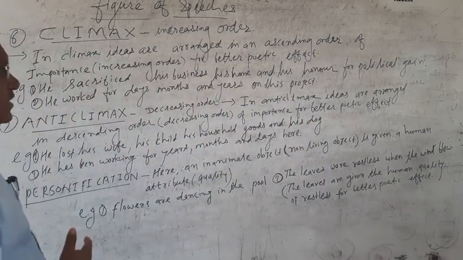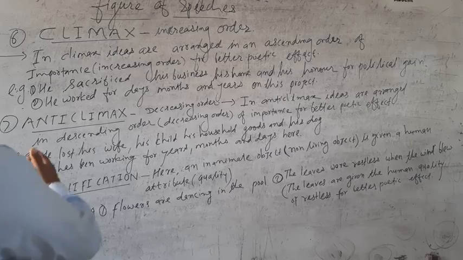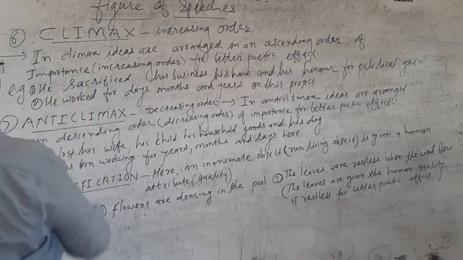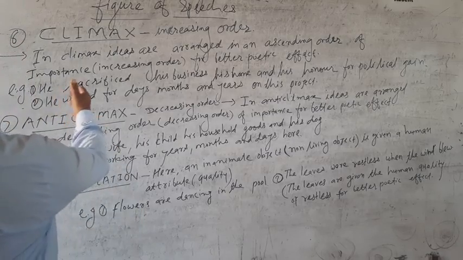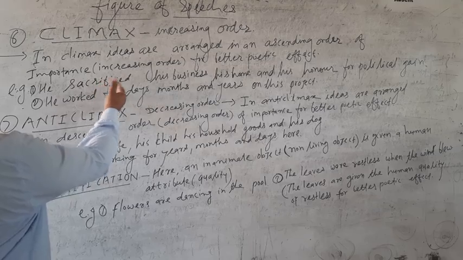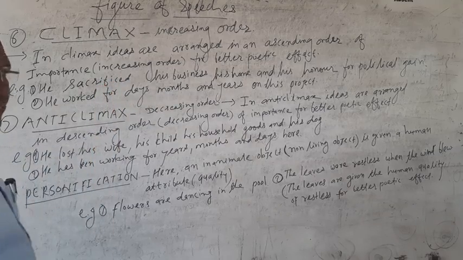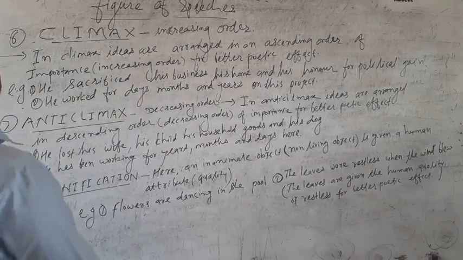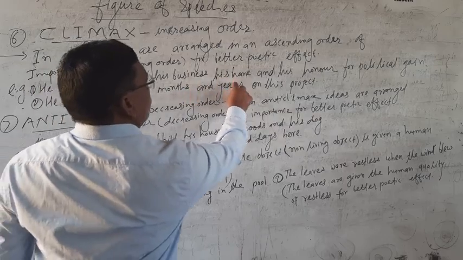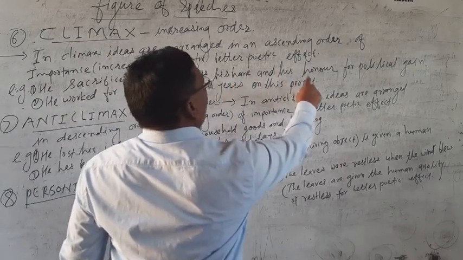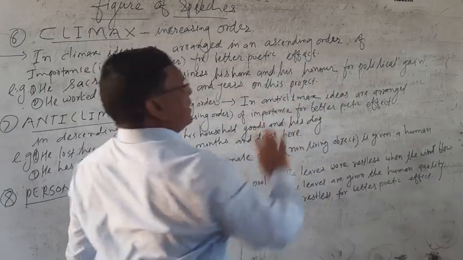Here the ideas are arranged in an ascending order. Now see here. He sacrificed his business, his home, and his honor for political gain.